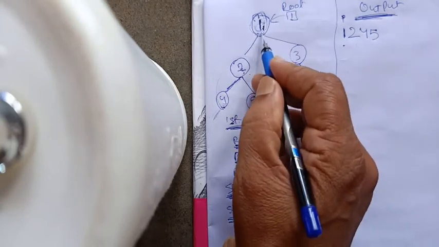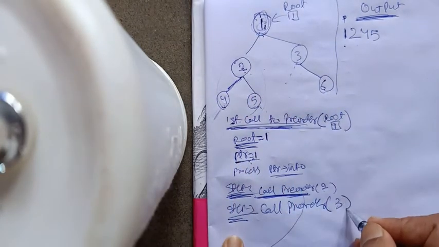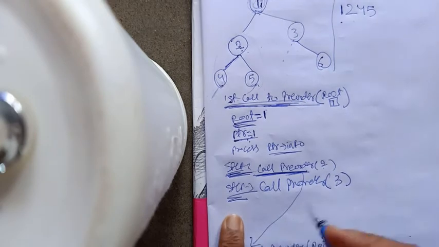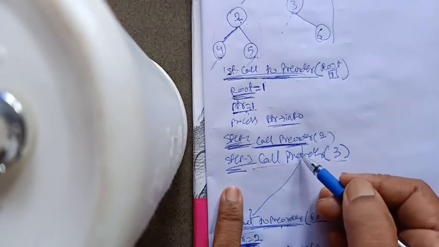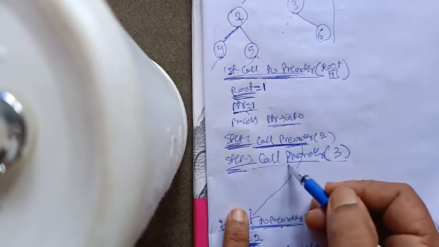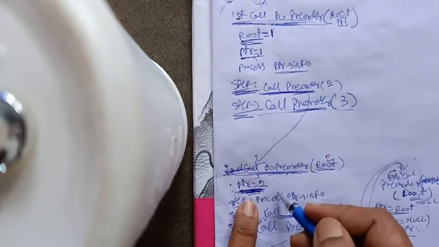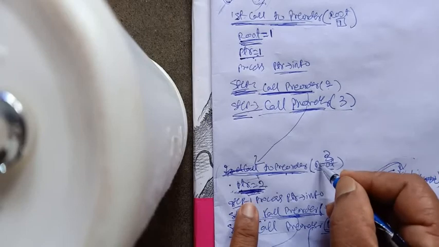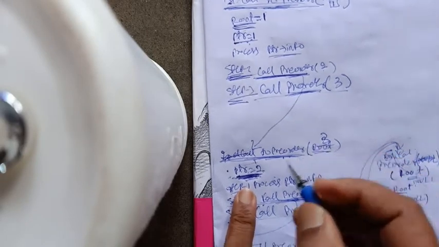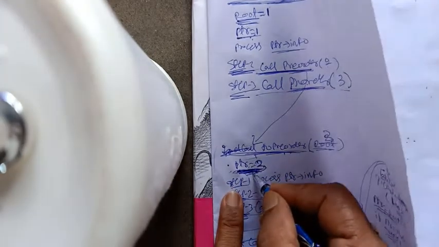The right subtree of 1 is 3, so it will pass 3. Another instance of the preorder function will be loaded in memory, and here root is now 3, so ptr value will become 3.